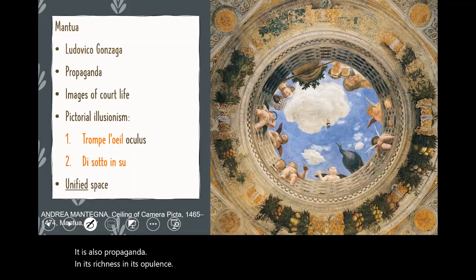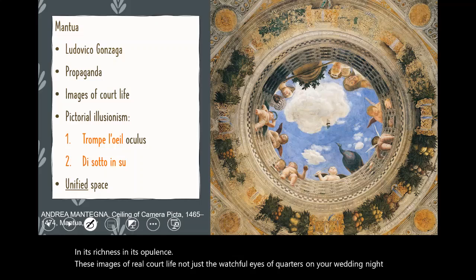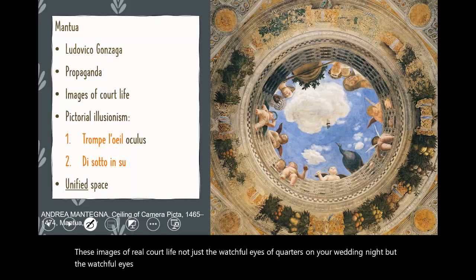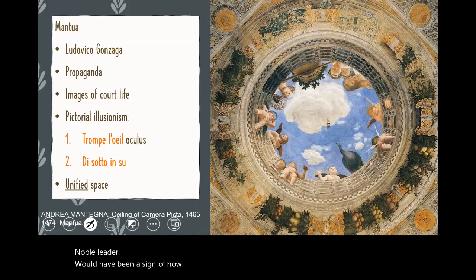These images of real court life, not just the watchful eyes of courtiers on your wedding night, but the watchful eyes of courtiers everywhere. You were always under scrutiny if you were a noble leader. Would have been a sign of how much of a focal point Ludovico is, as if the world revolves around him.